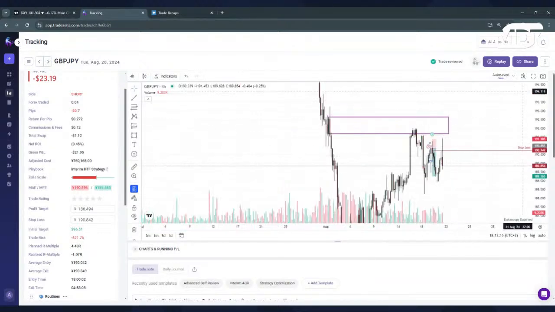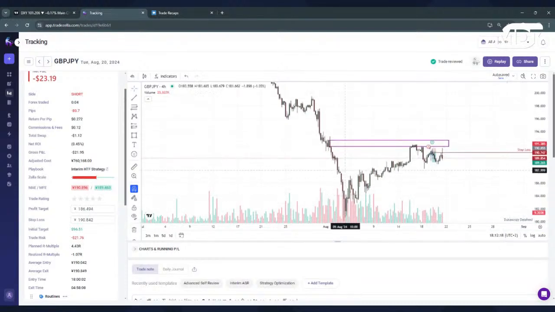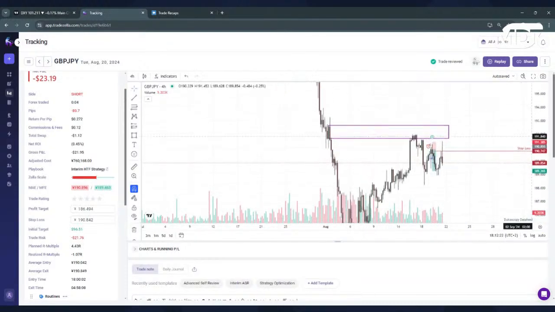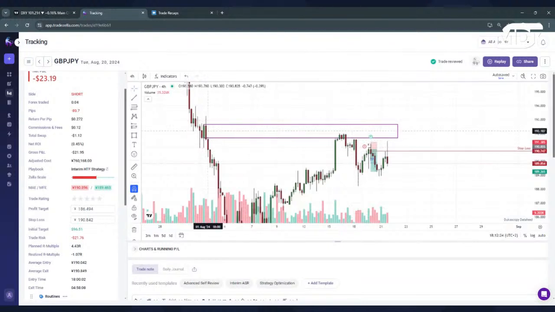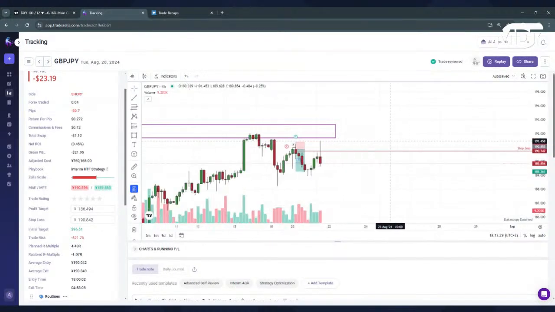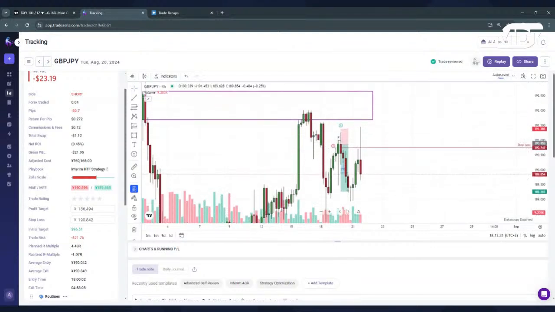So from a high time frame perspective, yes, we were trending to the upside on the 4-hour, and so this was essentially a counter trend position in nature. And then the second order block that I was referring to was this one here.